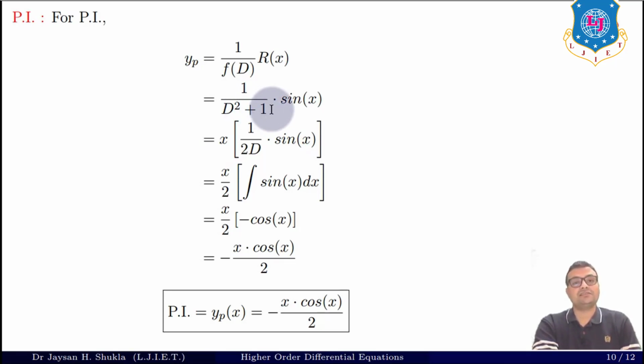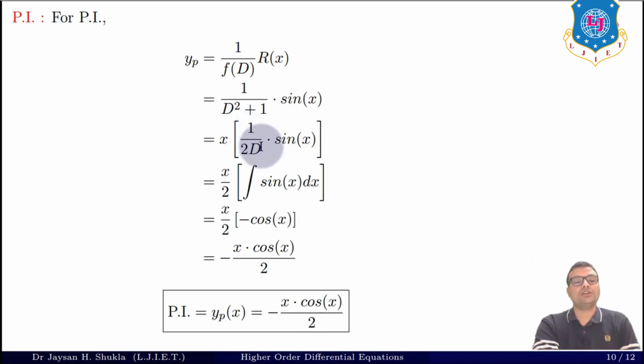And in that case, the process is you multiply outside with x and take the derivative of this denominator with respect to d. So it will give you 1 upon 2d. Now, if you have d in multiplication, then it gives you derivative. But if you have d in denominator, means if it is 1 upon d, then it is the reciprocal process of derivative, which is nothing but integration.